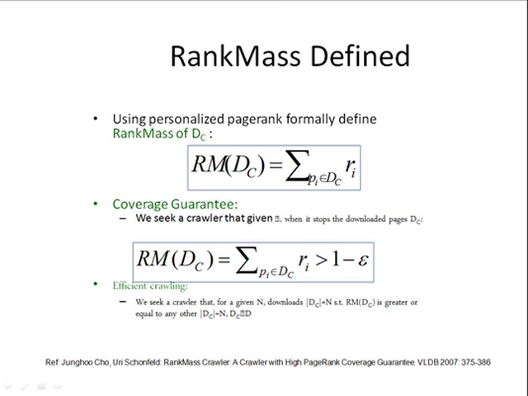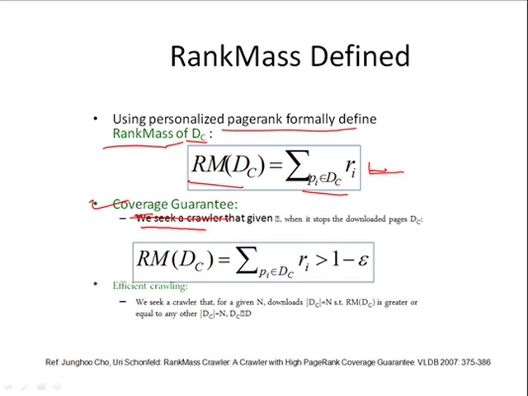Now rank mass. Actually rank mass uses the personalized page rank that we formally defined. The rank mass of any document in our collection can be calculated by using the sum of their personalized page rank, and its convergence is guaranteed.